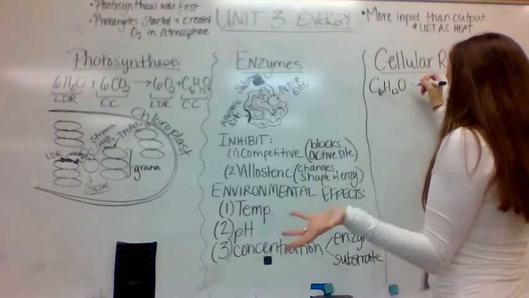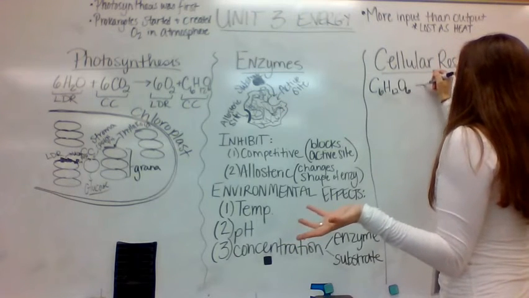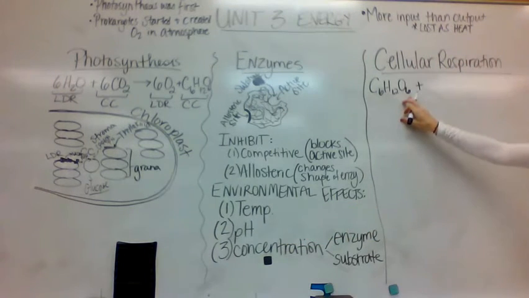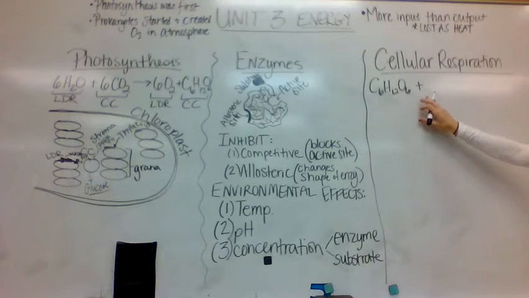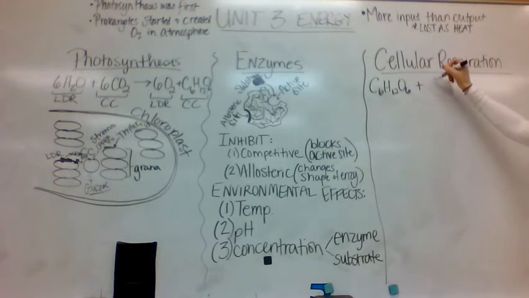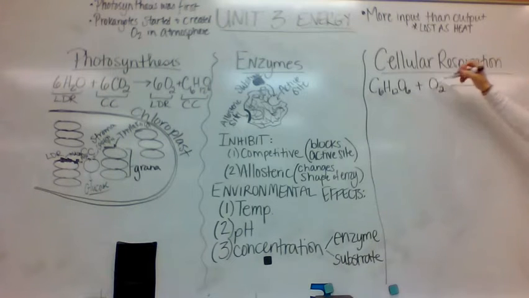Okay, so we start with the glucose. So that begins outside. Remember, this is going to happen in glycolysis, which is going to happen in the cytosol of the actual cell, right outside the organelle. And then later, we're going to need some oxygen, way later, at the very end. Okay, oops, I forgot the 6.